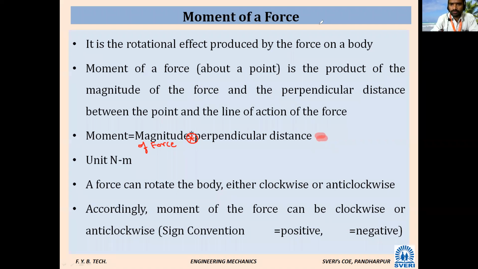So moment is denoted by M. Magnitude of force is denoted by F, into distance, which is denoted by D. So it is M is equal to F into D. Okay. Next line, the unit is Newton meter.